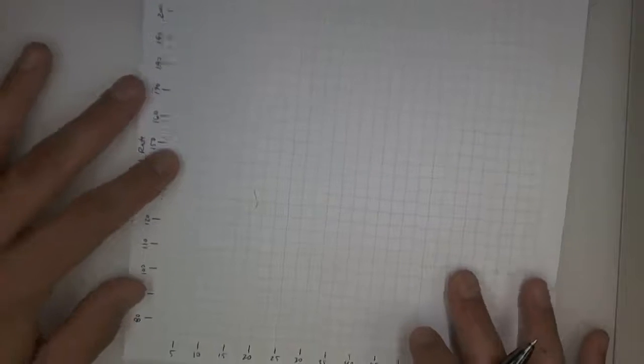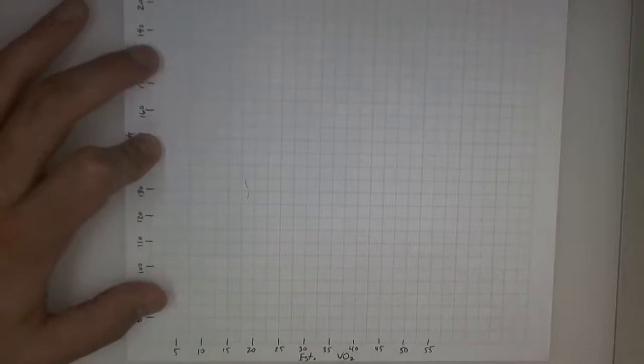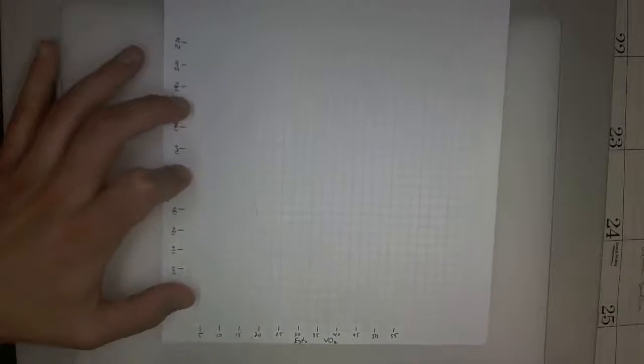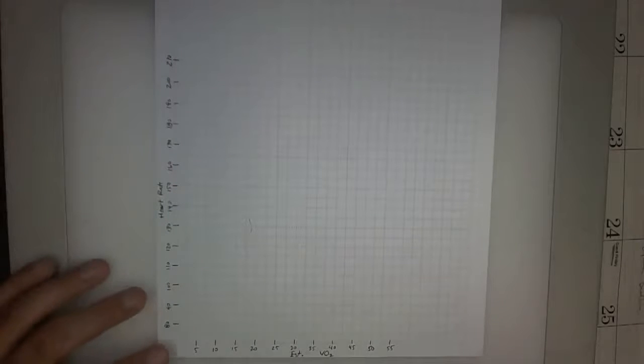So let's do that. We move to our graph paper. Again, I'm using that same scale that I used before, 5 to 55, 80 to 210. Let's take a look at our data points and go ahead and plot them.